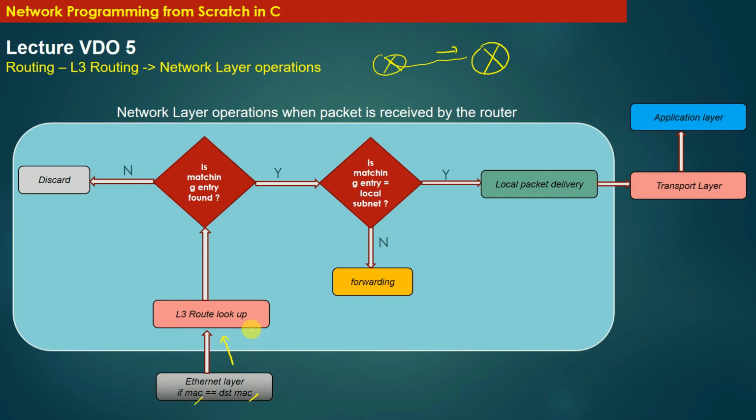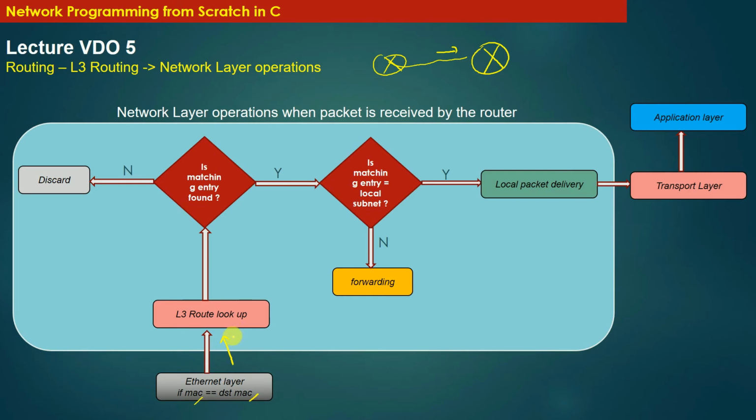Now when the network layer receives the packet, it receives the packet along with the IP header. The Ethernet header gets chopped off right away by the Ethernet layer at the moment when the Ethernet layer hands over the packet to the network layer. So the network layer receives the rest of the packet which has the IP header.